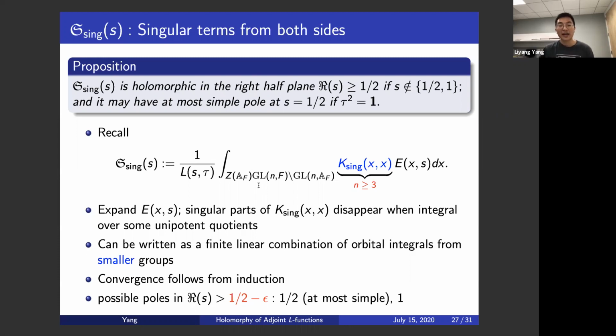And by that, we can rewrite this thing as finite linear combinations of Artin integrals from smaller groups. And then we get convergence and holomorphic continuation from induction.